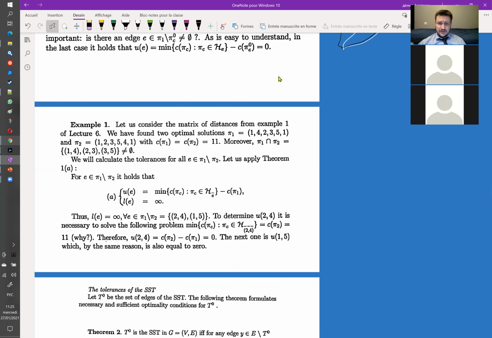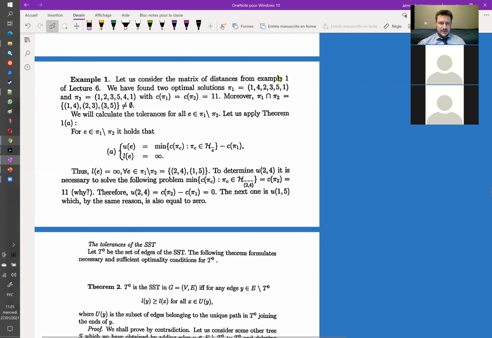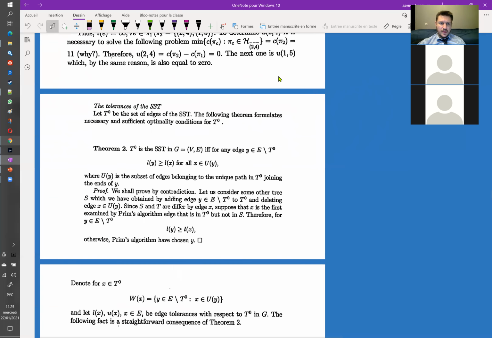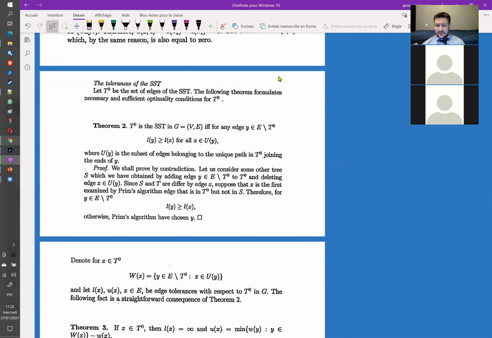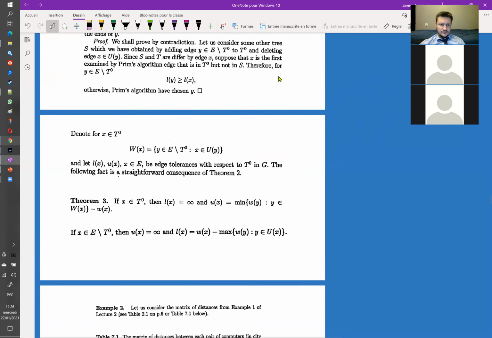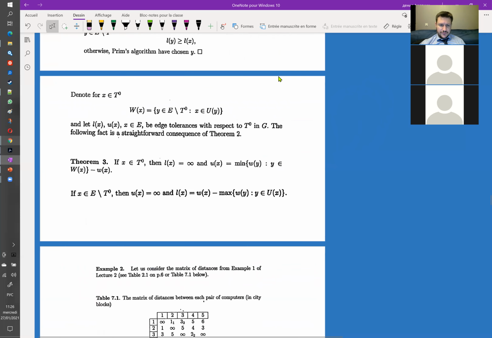Okay, there is an example. You can check it. It's just an application of that theorem. There is another theorem about the shortest spanning tree. There is a condition. You can just look at this. It is a very short one. Okay, I will just go through this.